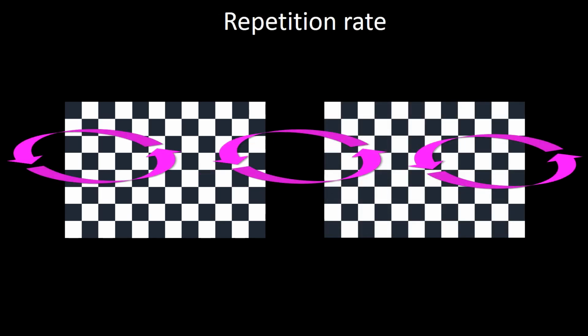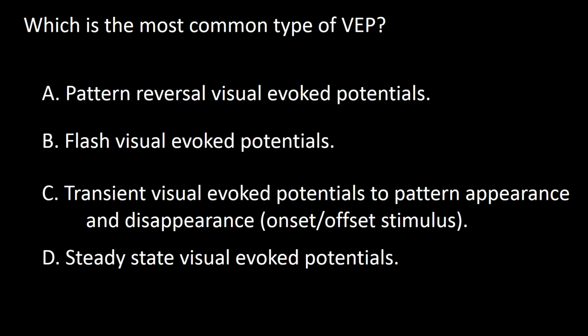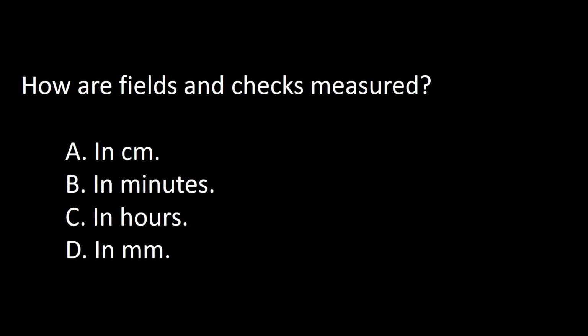Pattern evoked potentials can also be divided according to the repetition rate as transient, when each turn allows for the creation of an independent wave, or steady state, when turns occur so quickly that recognition of independent waves is impossible. This is what is called the steady state potentials. So the answer to this question is A.